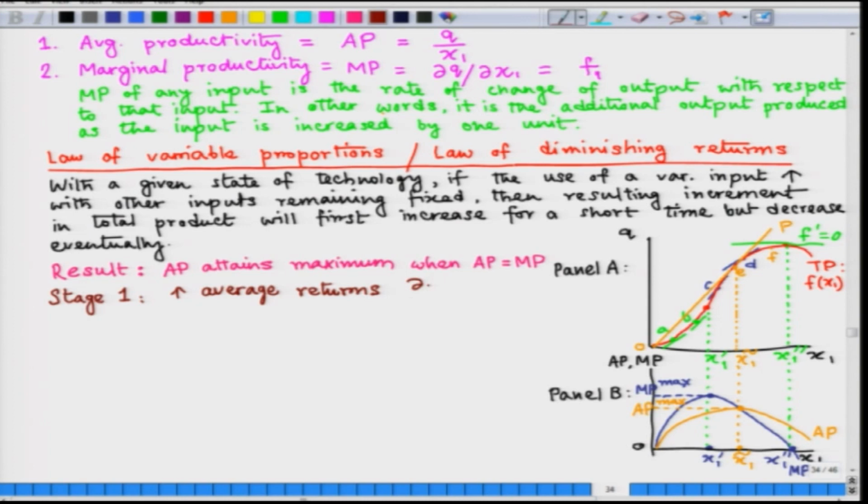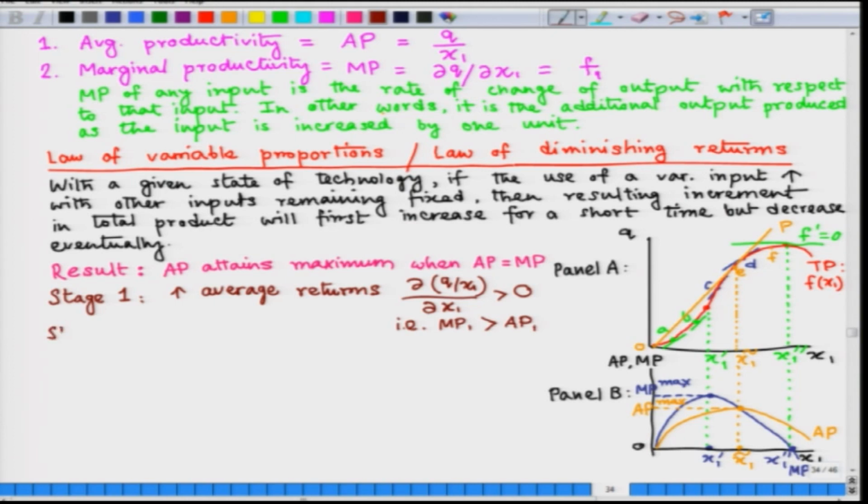And that is basically mathematically represented as the following. So, here we see from the graph that means the marginal product of the variable input will be always higher than the average product in this stage.